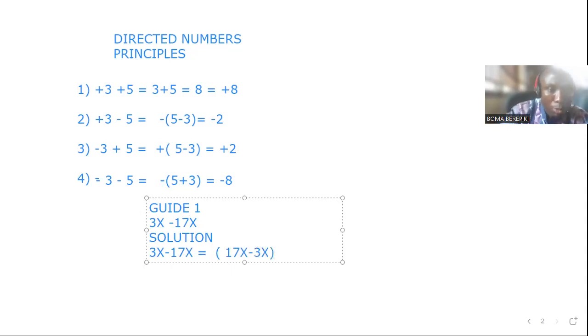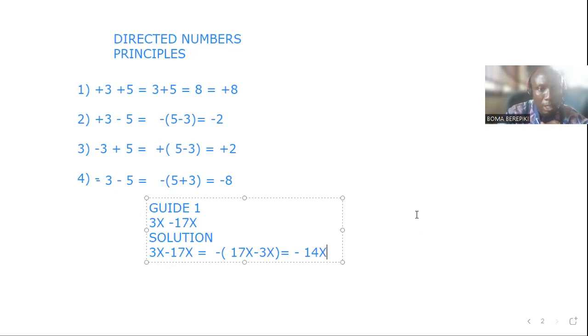But because the big value has a negative sign, we're going to put minus in front of our value, and our final answer must be negative. So 17 minus 3 is 14. Are you seeing it now? You can see the knowledge we have acquired in directed numbers, we can apply it in algebra while we collect like terms. So I'll just do a second guide, and that will be it for today.